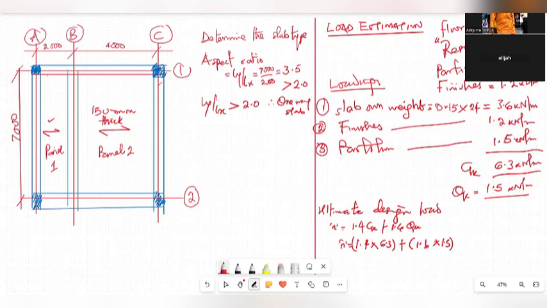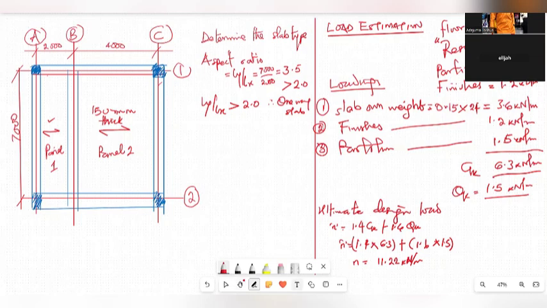So that will be what? 8.82 plus 2.4, the final answer would be 11.22. Now this is the load on your slab. This is the load on the slab.